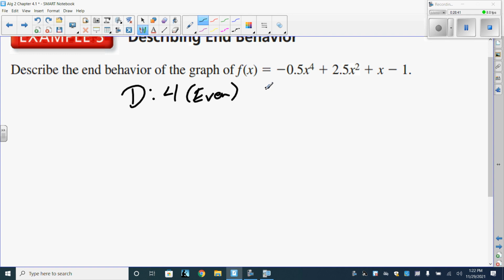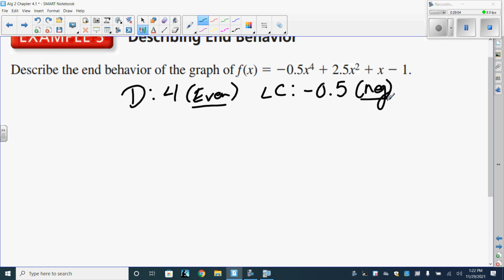Now what's the leading coefficient? Well, it's our negative 0.5. So it'd be negative, yes? So looking at this here, we do have an even degree function and a negative leading coefficient, yes?